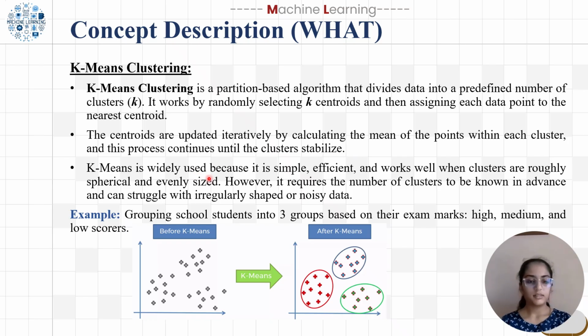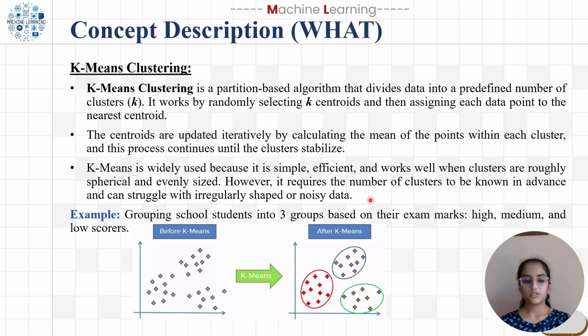K-means is widely used because it is simple, efficient, and works well when clusters are roughly spherical and evenly sized. However, it requires the number of clusters to be known in advance and struggles with irregularly shaped or noisy data.